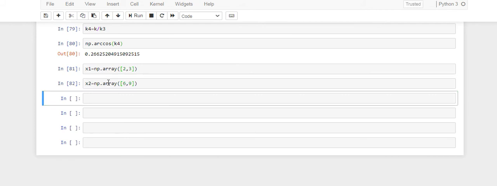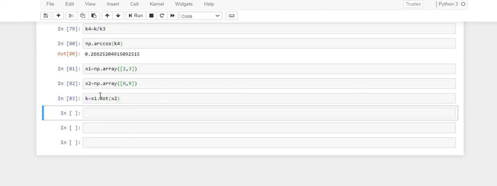Let's calculate the same thing: first you have to calculate the dot product. So let us store it in k: np.dot(x1, x2). So we store the dot product into k.